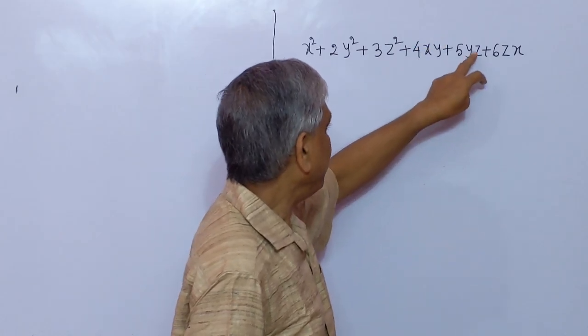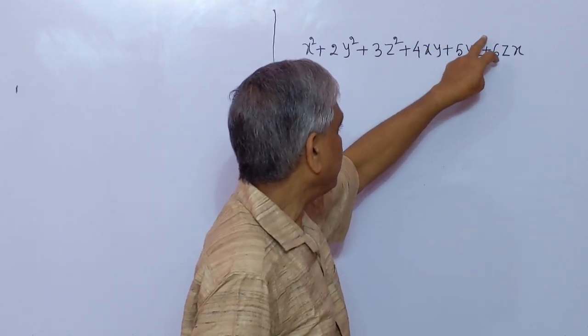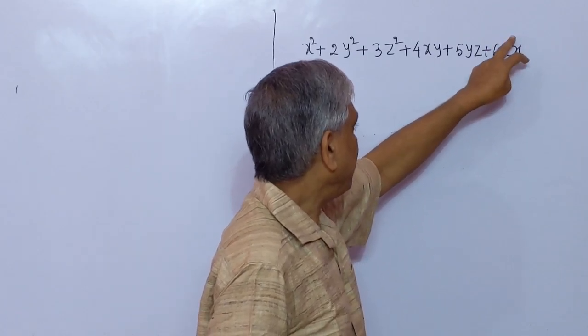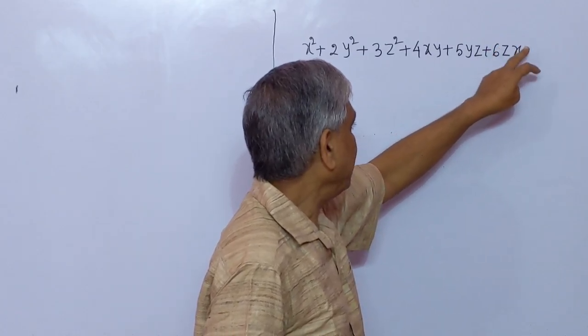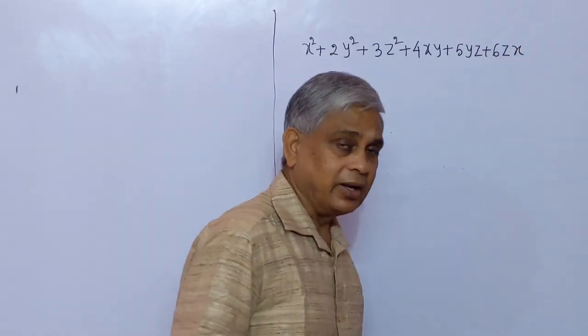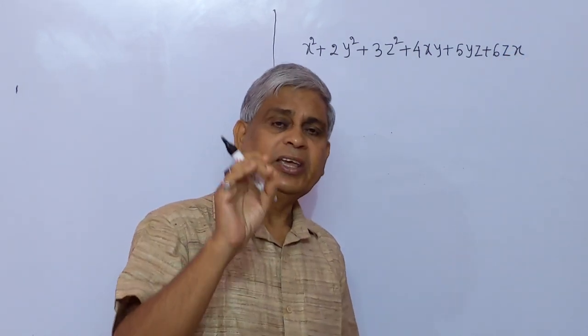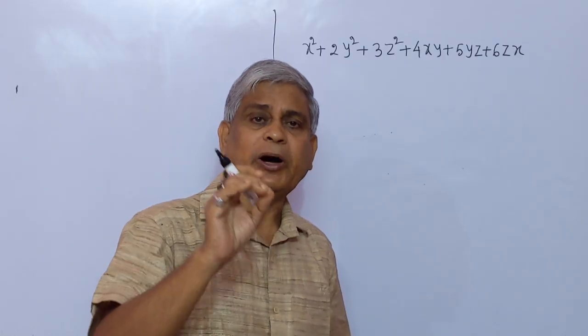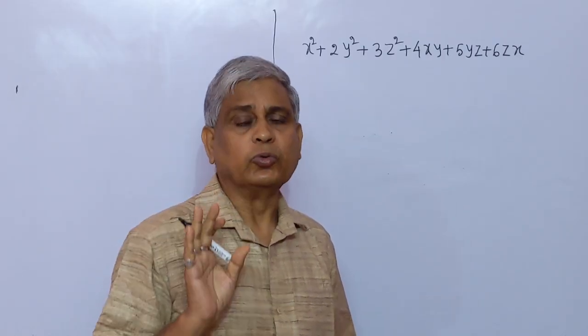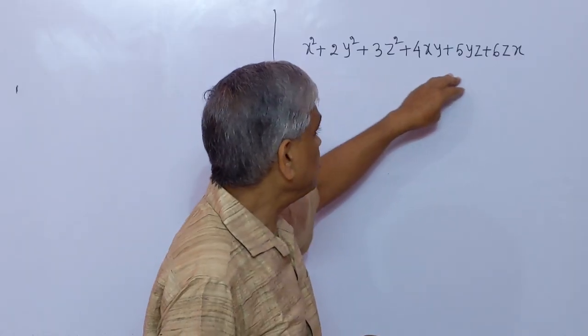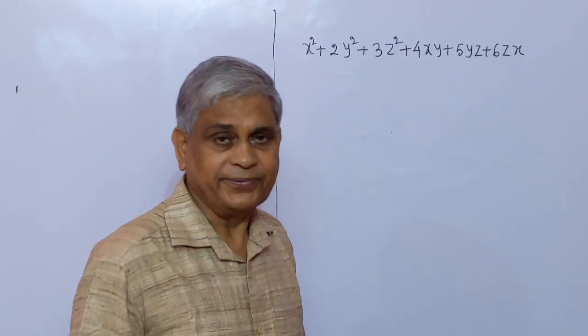Here also y to the power 1, z to the power 1, sum of the powers is 2. Here also power of z is 1 and power of x is 1, means 1 plus 1, 2. So in each term, the sum of the powers of the variables is 2, and so this expression is known as quadratic form.